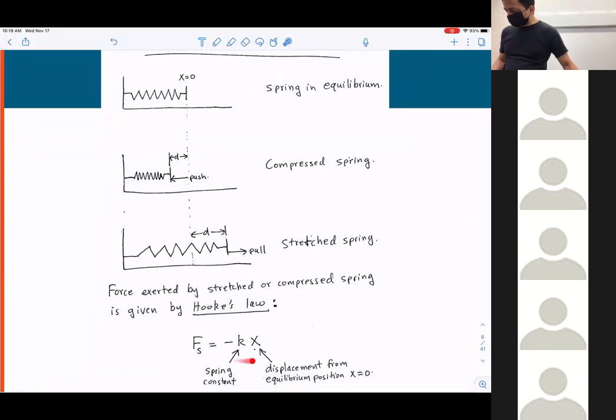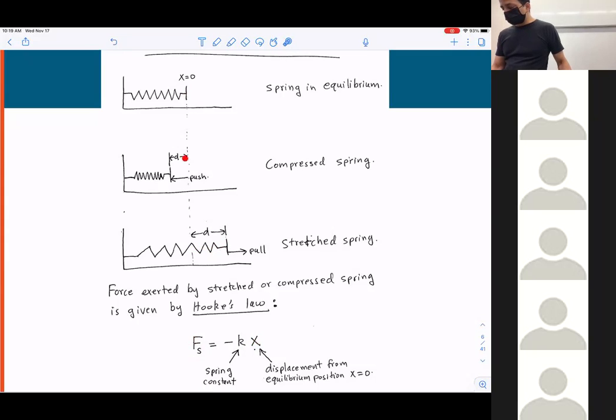So Hooke's law says, this is sort of a quantitative expression of what we're describing here. It says that the spring force will be proportional to the amount x that you displace it from the origin, right? So if this is x equals 0, then if I stretch it by this amount d here, then x is d.